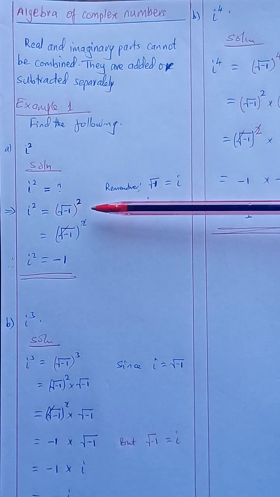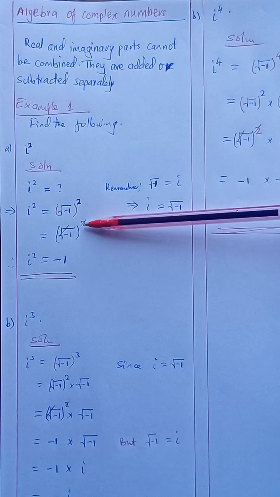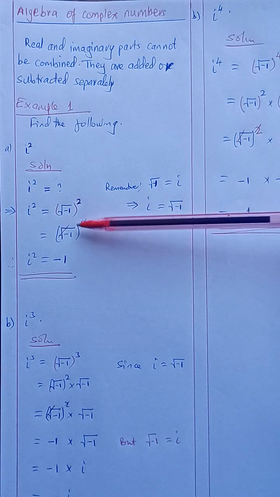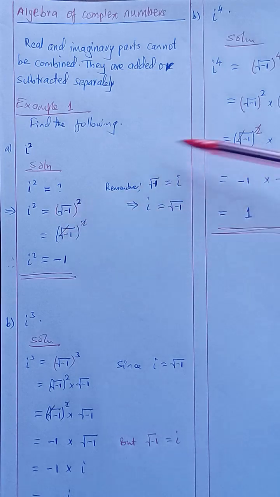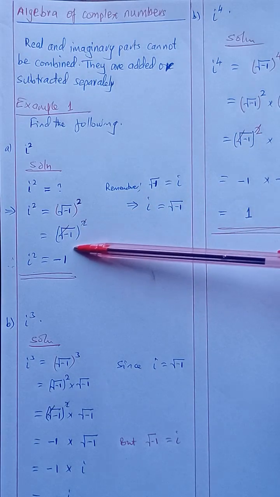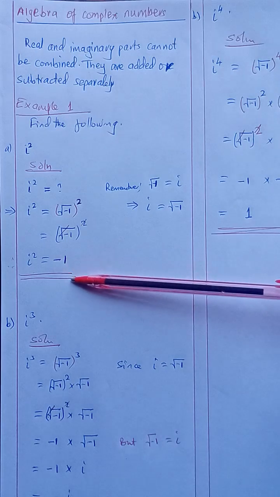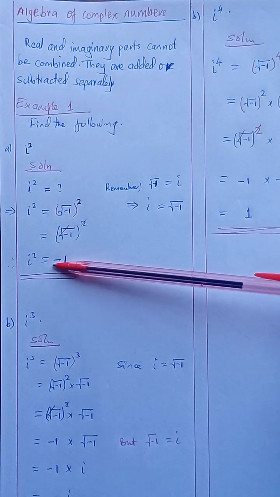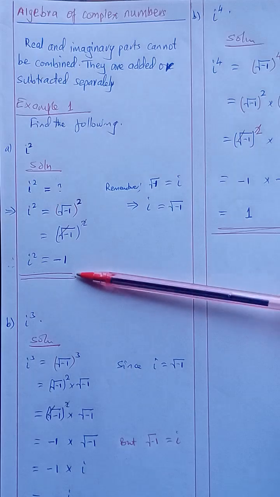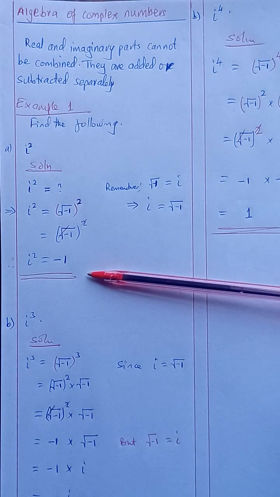In a simple way, when there is a square root and a power 2, the power 2 cancels out with the root sign. So inside the root we remain with -1, and that -1 we put out clearly. So our answer for i squared is -1. That's why we have said i squared is the same as -1. That is for part A.